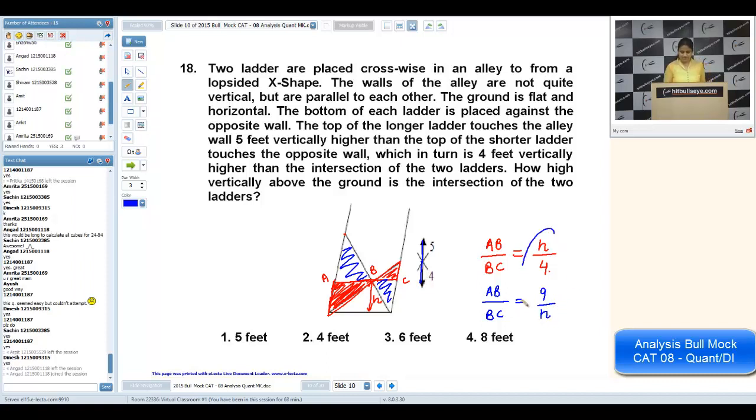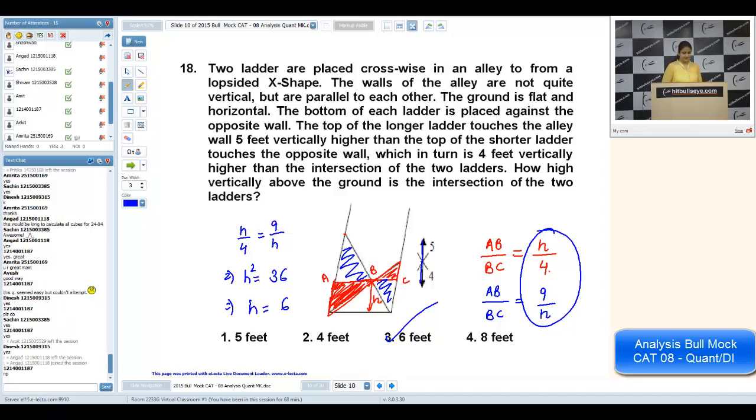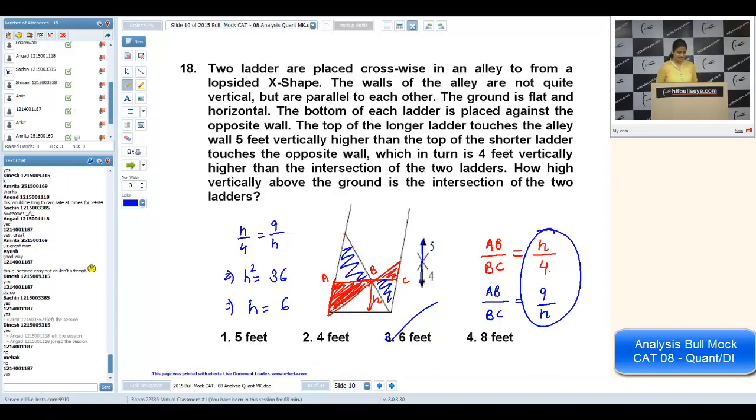So AB upon BC, we can equate them. So it should be h square is equal to 36. So what should be the answer? It should be equal to 6. That is the answer in this case. Yeah, any problem in this now? It was a very easy question actually, if you are comfortable in similarity.